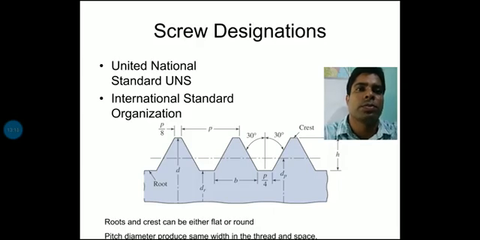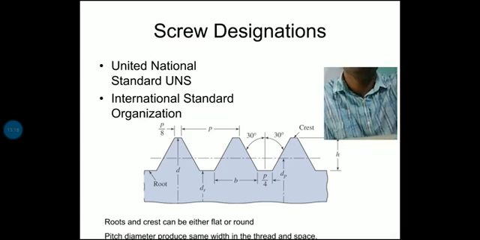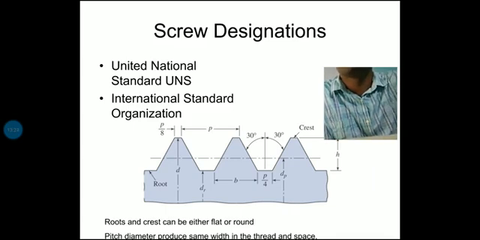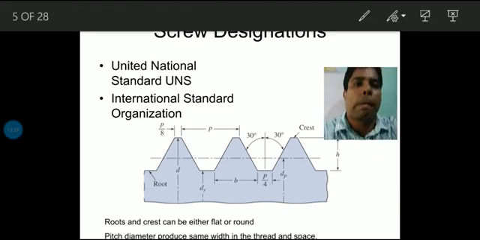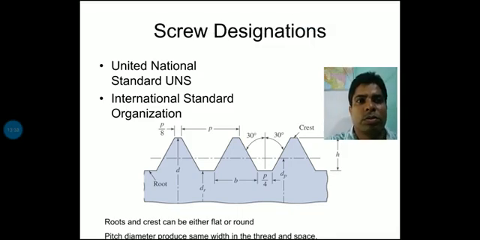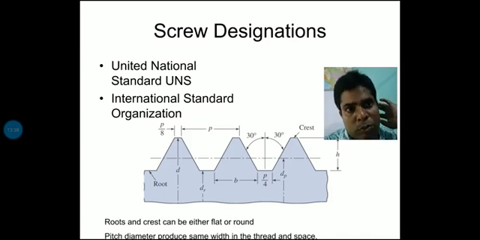And next, screw designation. Screw designation means some screw value is there, and that is the screw point of view.